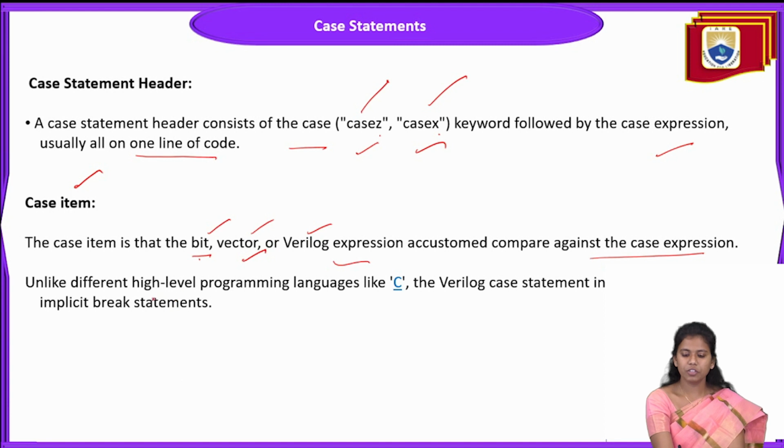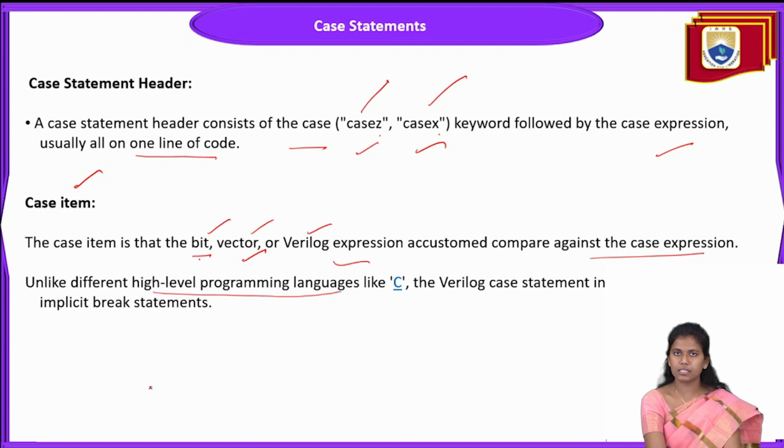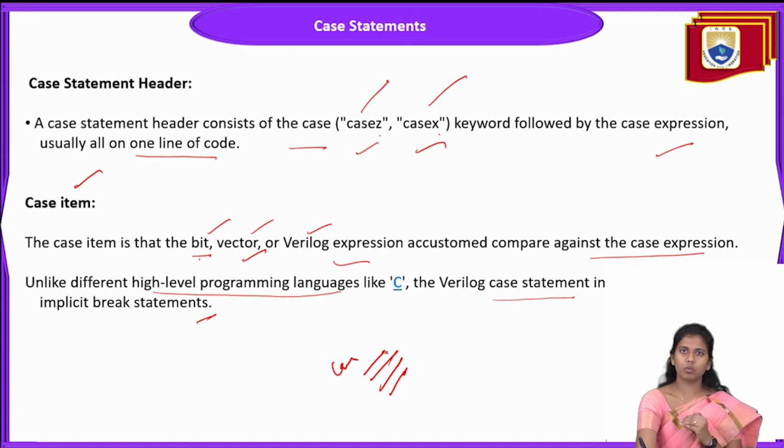Unlike different high-level programming languages like C, the Verilog case statements include an implicit break statement. So when you compare it with the C language, in Verilog you will see the implicit break. That means what does the break statement say? It says that the flow of control is minimized.